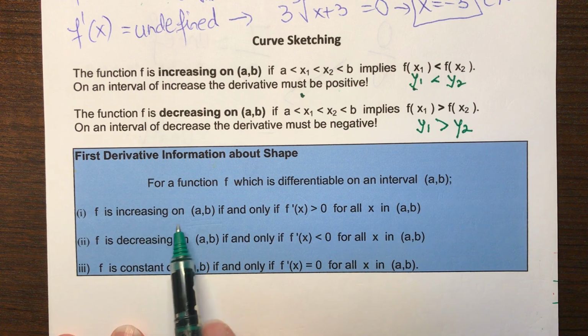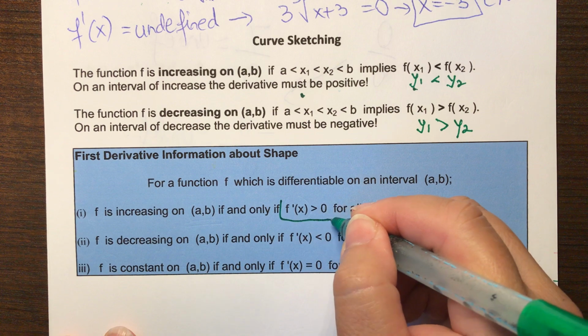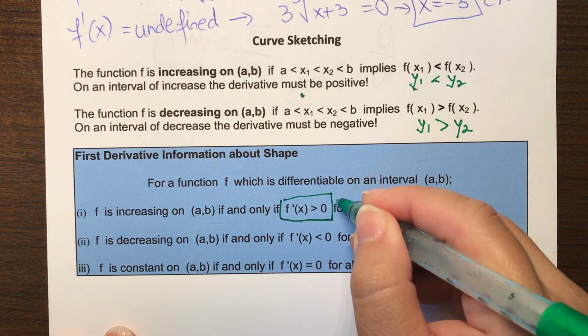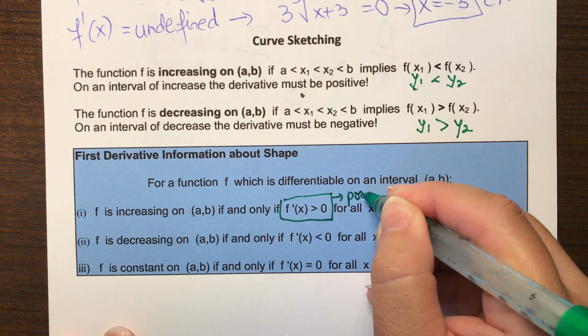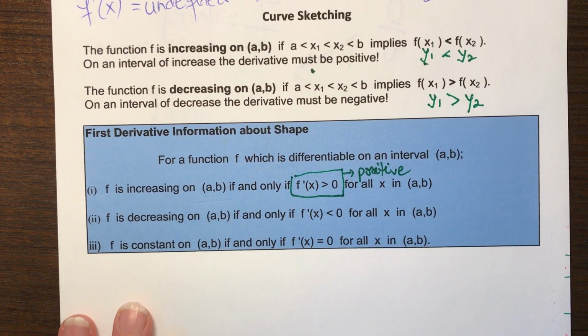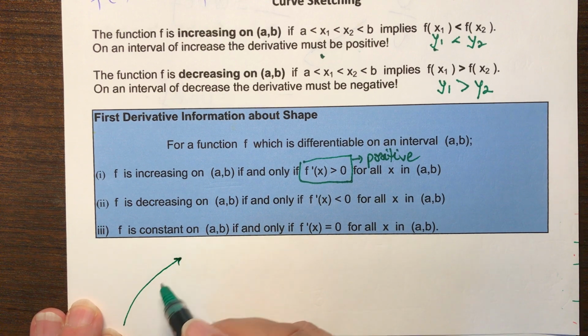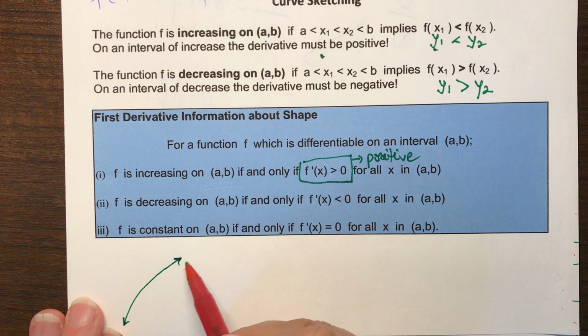So it says a function's increasing if and only if the derivative of that function is greater than 0. Greater than 0 means positive, right? So if you have a positive derivative for all the x's in that interval. So here's an interval, and here's a function that is increasing, yes? So what happened? It's going up.